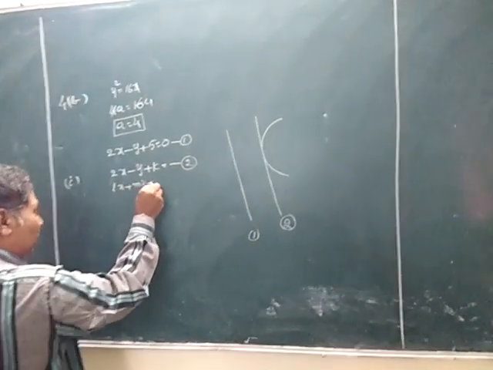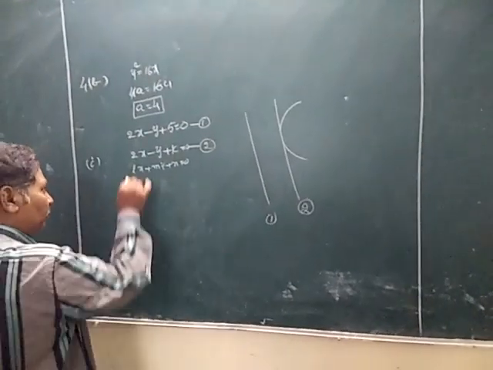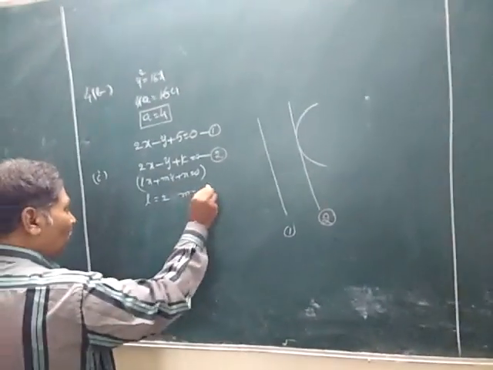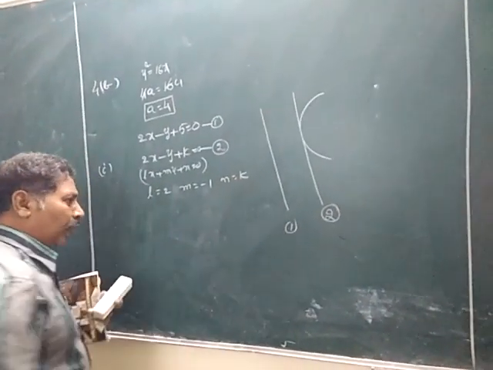Compare with Lx plus my plus n equal to 0: L value 2, m value minus 1, n value k.